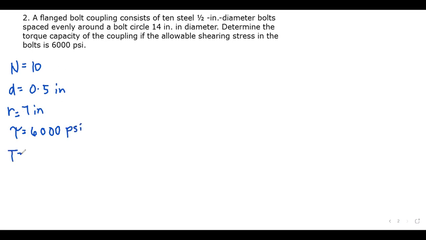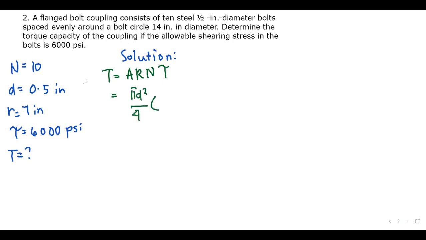So, solution. T is equals to A, R, N, tau. Okay? Ganyan. So, area natin, pi d squared over 4 multiplied by R, 7. R pala ng malaki yan. 7 multiplied by number of bolts, 10 multiplied by allowable, so 6,000.